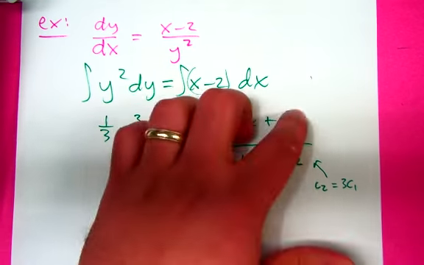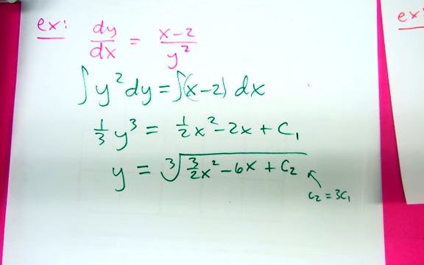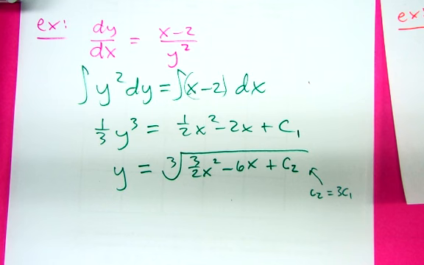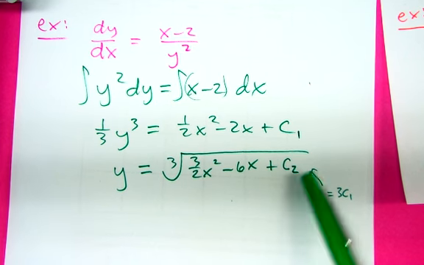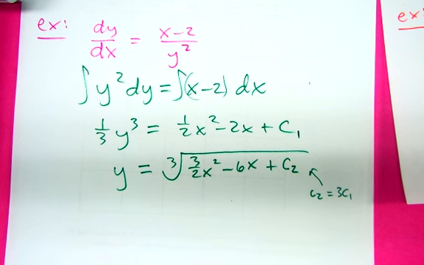You could call this C and C1, or C1, C2, and if there's more manipulation, we get a C3, that's fine. So we have to define it though. C2 equals. Because if I'm following your solution, I want to know, because if you left it as C and C, that's clearly not the same constant, right? You could have left it as maybe 3C and kept the constant the same. That would be okay.